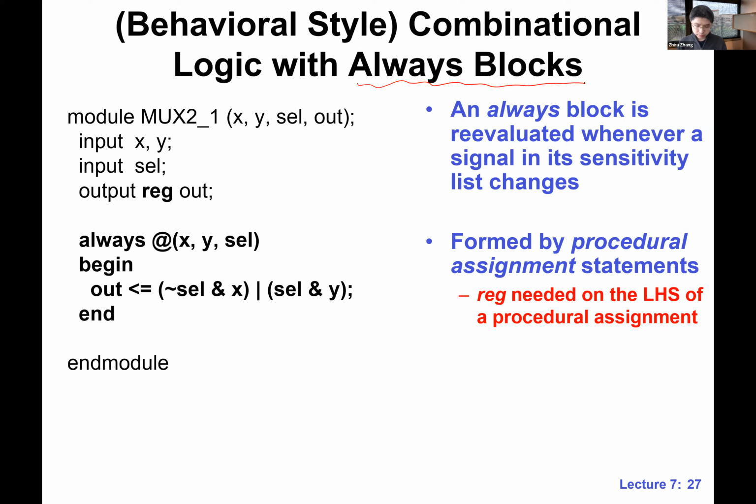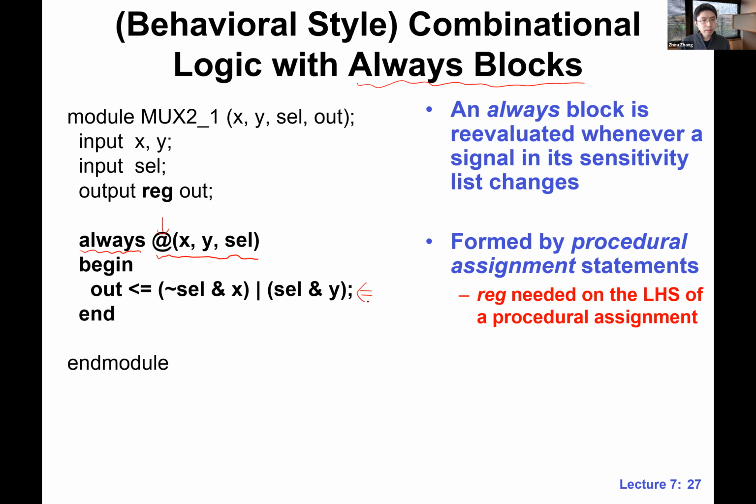So with the always block, we write always. This is a keyword, and then we specify this so-called sensitivity list using this. Basically, in this case, always at, this at specifies the sensitivity list. So the things inside the always block may or may not use the signal specified on the list. But why do we need this list?